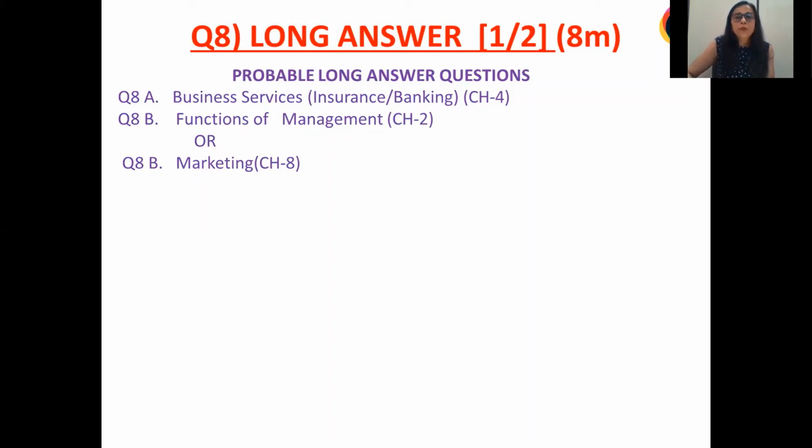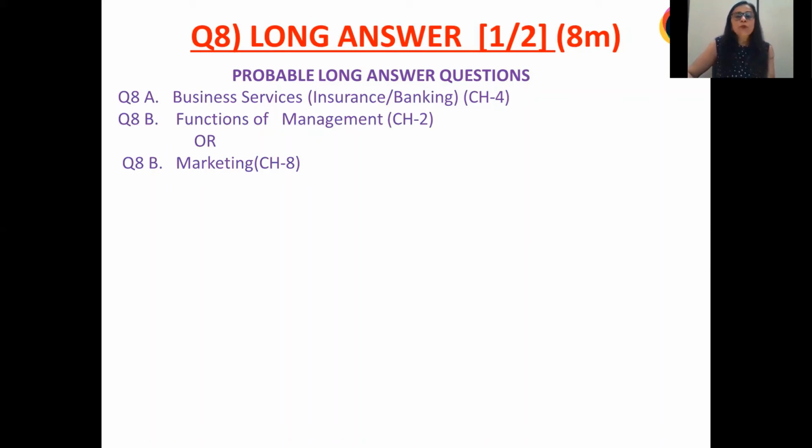And so you're left with insurance, banking, and warehousing. The chances of getting a long answer on warehousing are very minimal. In all probabilities, this year, we are going to get a long answer, question number A, either from insurance or from banking.